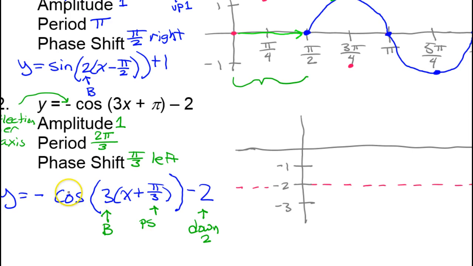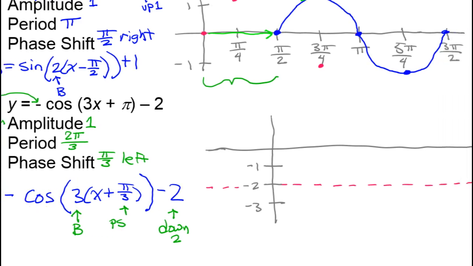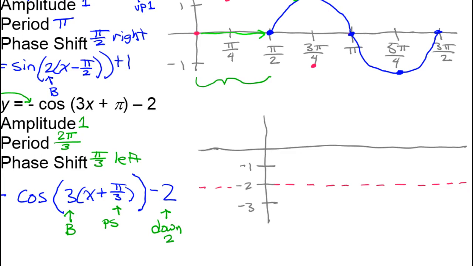Now, this is a cosine function. Oh, let's do the period. The period is 2 pi over 3. Okay, so I'm going to come way over here and I'm going to put 2 pi over 3. All right, the end of my period. Now if I go halfway, if this is 2 pi over 3, this should be 1 pi over 3.